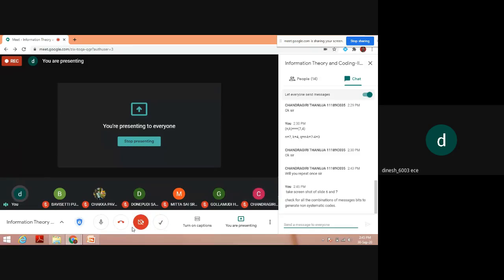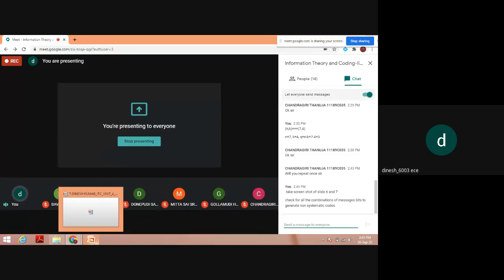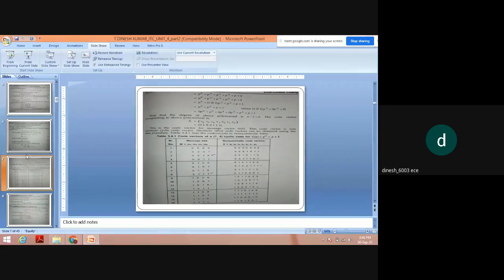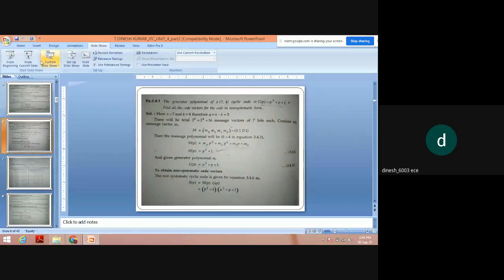I'll keep the slide again. You can take the screenshot of slide 6, then slide 7. After 2 or 3 minutes, I'll change it to slide 7. Meanwhile, take the screenshot of this slide 6.